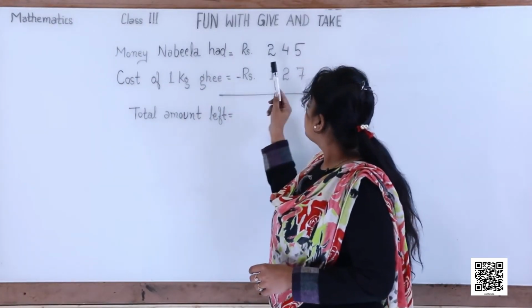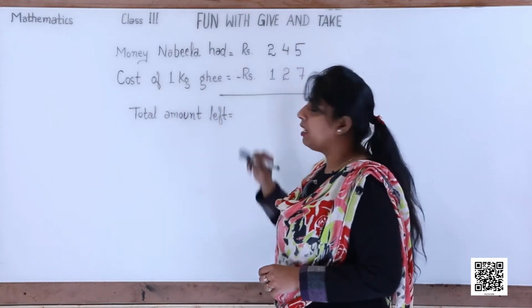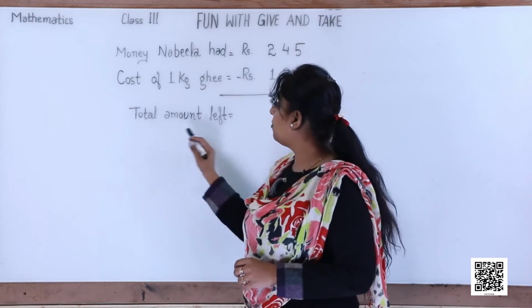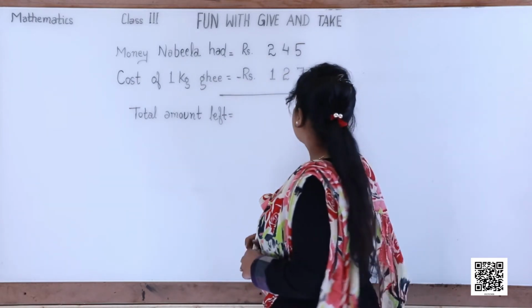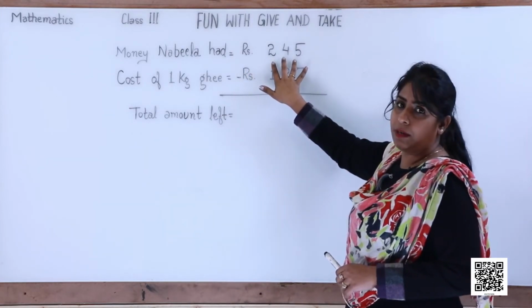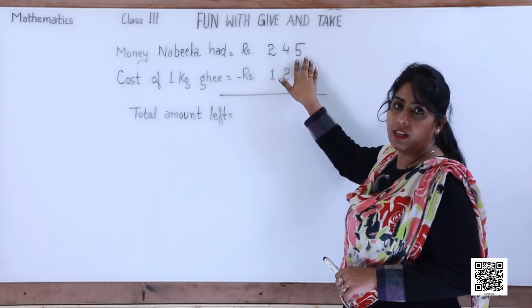Money Nabela had is rupees 245 and cost of 1 kilogram ghee that she spent was rupees 127. So the amount that should be left with Nabela is what we get by subtracting the amount spent from the total amount she had.